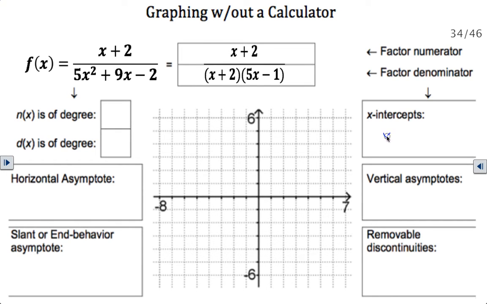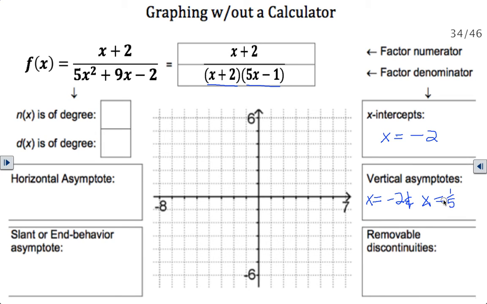So here we get x equals negative 2. Okay, and then to find our vertical asymptotes, we set our denominator equal to 0. Because we have two factors, we'll set each of these factors equal to 0 and solve for x. So we get x equals negative 2, and we get x equals 1 over 5.